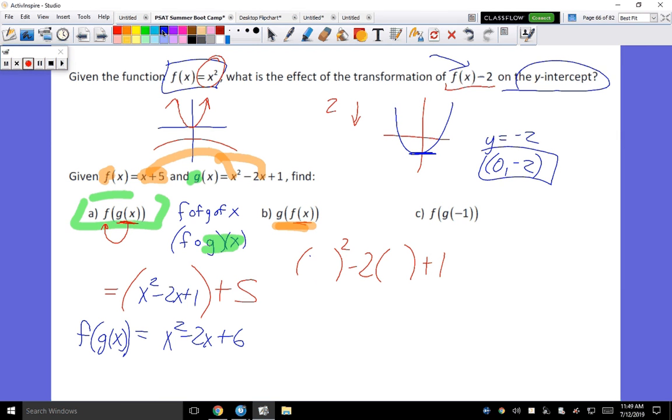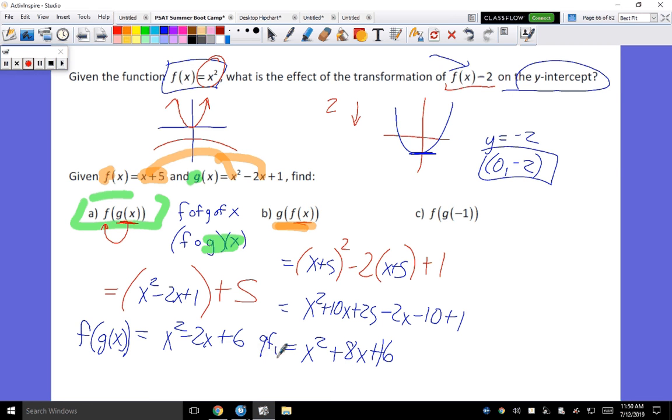And all you're going to do is plug in your output from the first step. Go with me? Alright, so this becomes x squared plus 10x plus 25, minus 2x minus 10. And if I combine all this together, what do I get? X squared plus 8x plus 16.